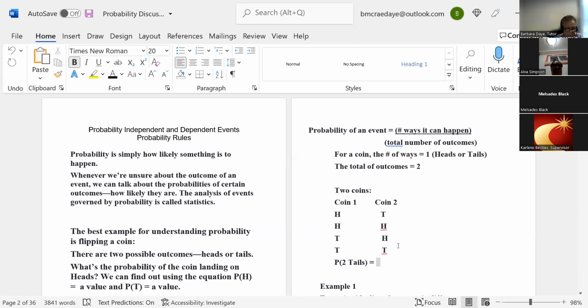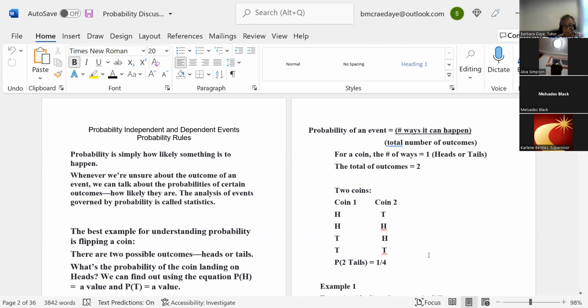So 1 over 4. Okay, because those are my combinations: head, tail, head, head, tail, tail. So 1 out of 4 chances with flipping 2 coins, I could get a tail, tail.